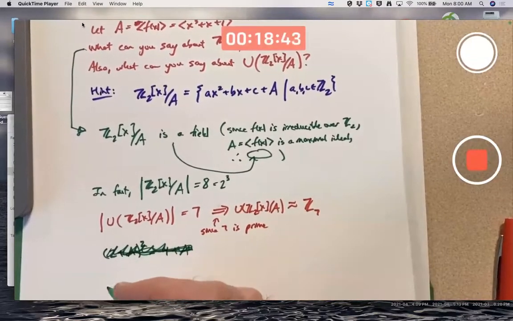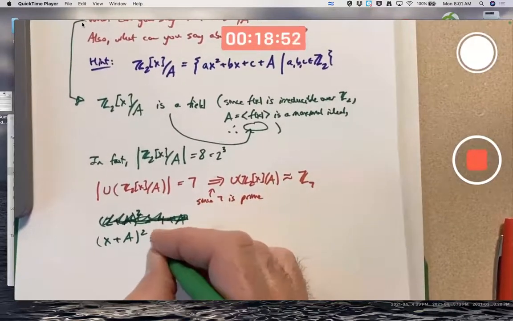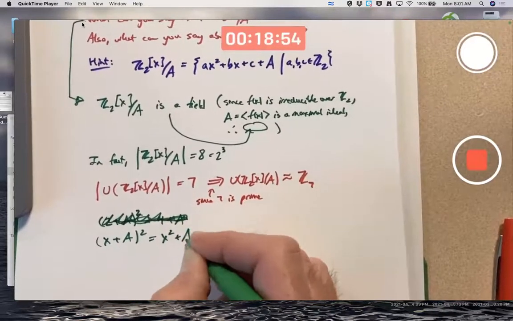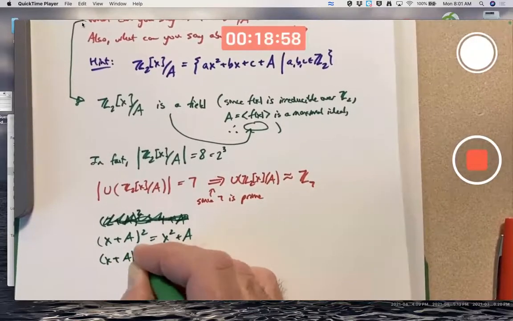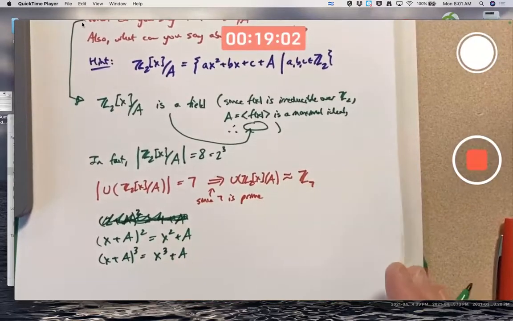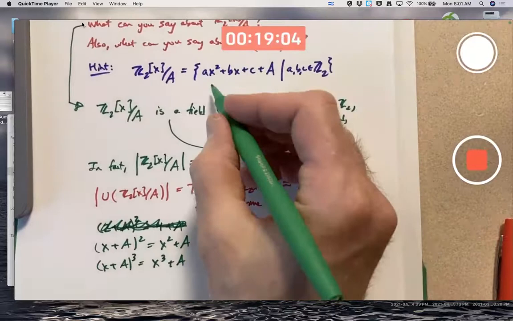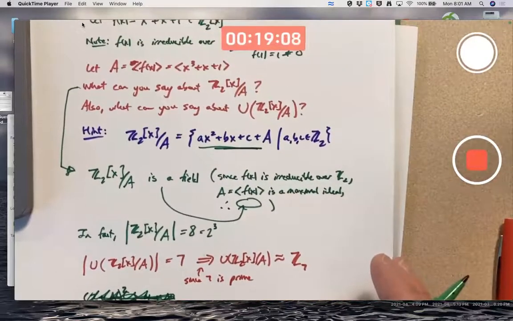Okay, let's try x + A. What's (x + A) squared? It would be x squared + A. What's (x + A) cubed? It would be x cubed + A, but then you want to write it in this form. So do the usual thing.